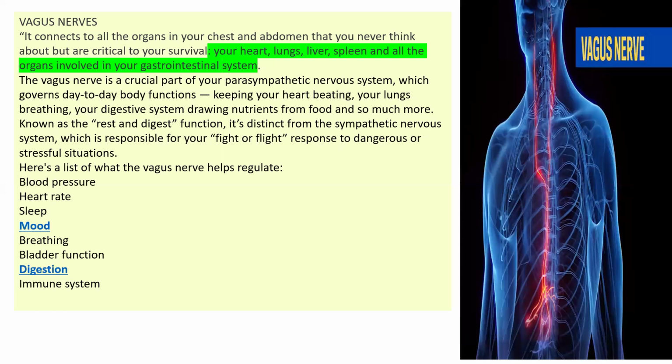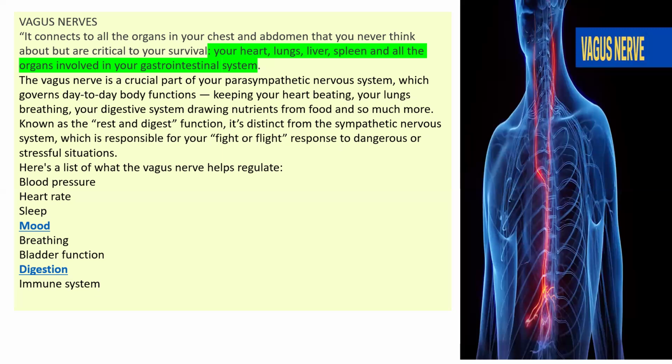The vagus nerve is an important part of your parasympathetic nervous system, which helps in your day-to-day function: your heart beating, your lungs to breathe, your digestive system to help in digestion, and more. The parasympathetic nervous system is associated with rest and digest function. It is totally different from the sympathetic nervous system, which is related to the fight or flight, stressful situation.